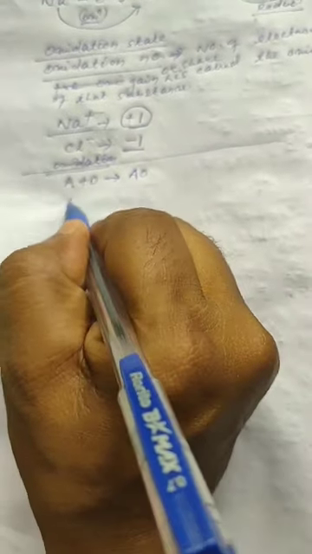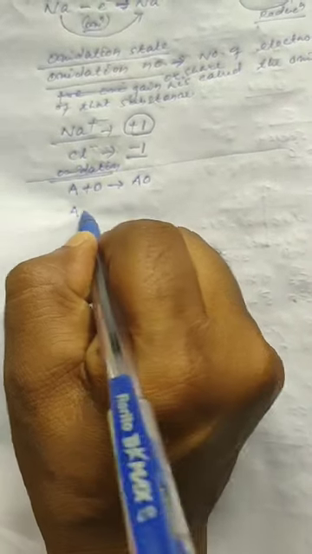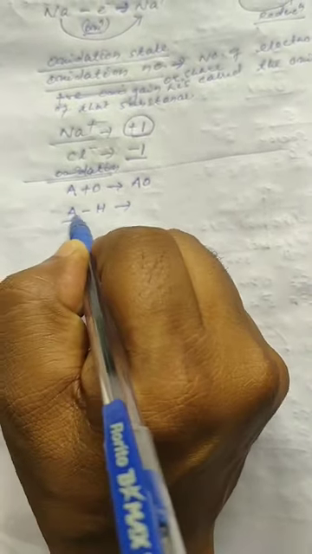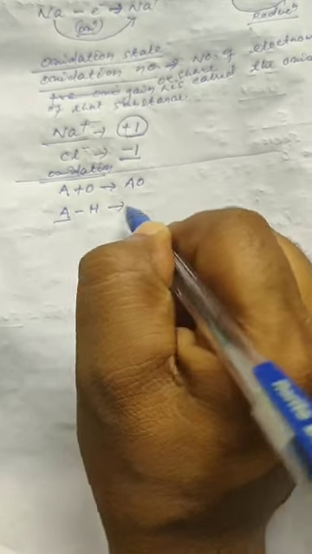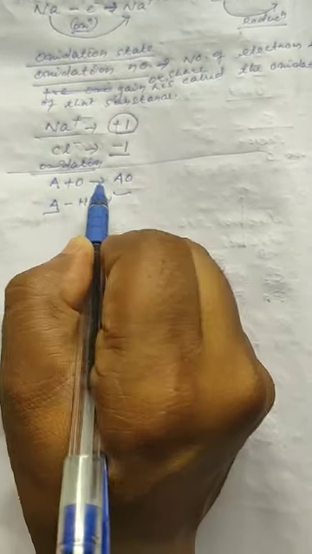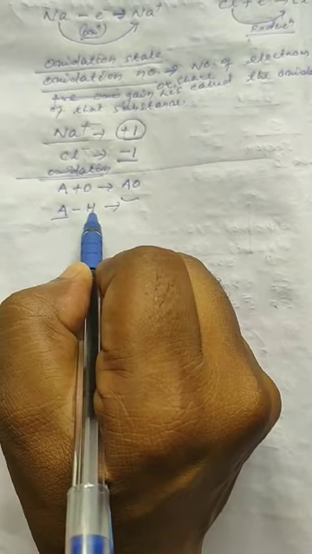Suppose a substance A, and from A hydrogen is removed. That means the substance may be the hydride of some substance, then it becomes something else. That is also oxidation. So when oxygen is added, oxidation, or when hydrogen is removed, that is also oxidation.